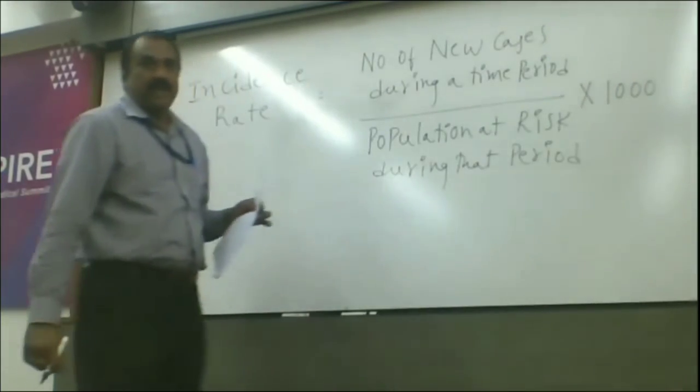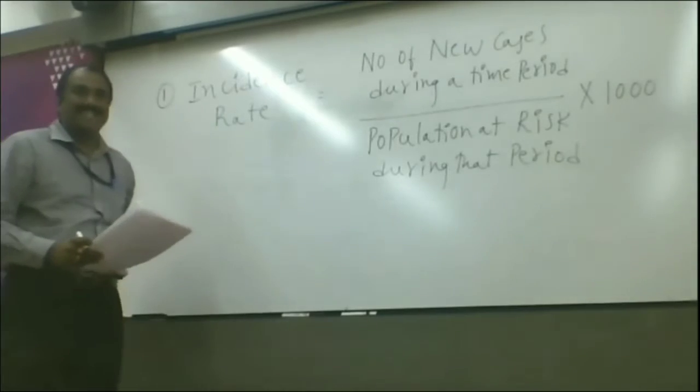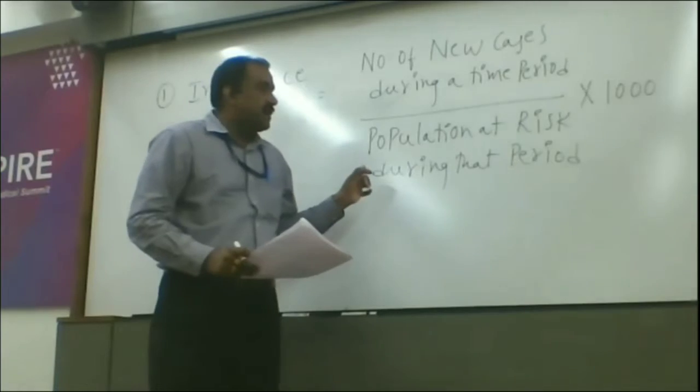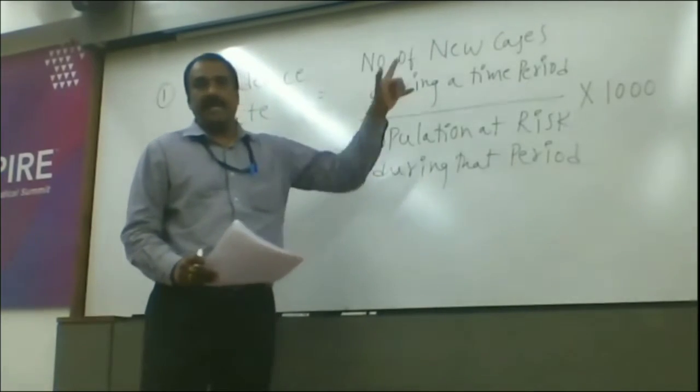This is the formula to find out the incidence rate, right? Number of new cases during a time period divided by population at risk during the same time period into 1,000.